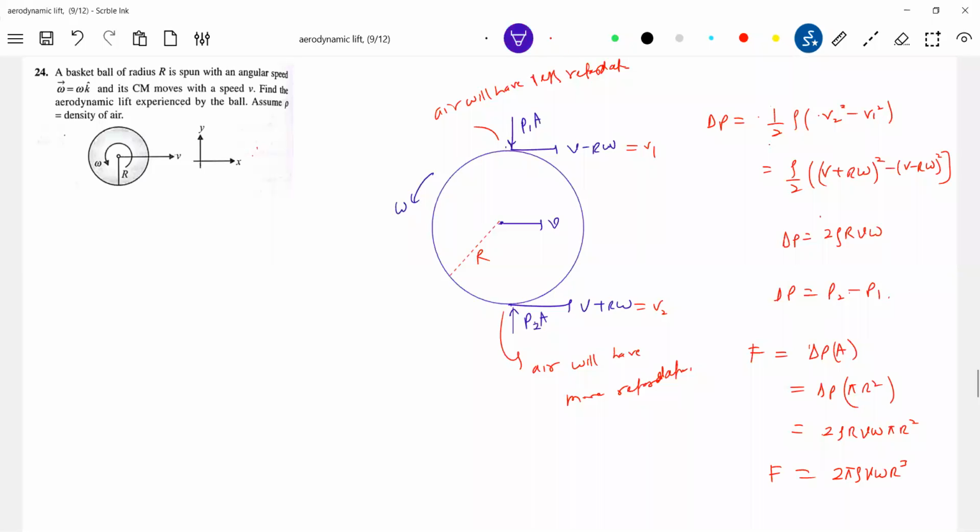What direction do you have to show it? This force will be acting upward. Now look at how the trajectory of this ball will be, and this diagram is very important. This will be the trajectory of the ball.